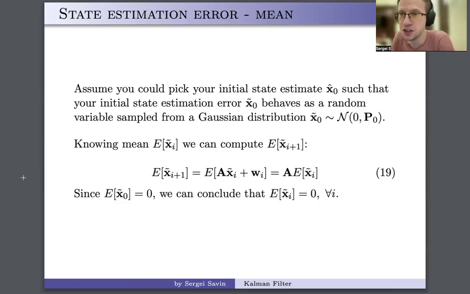It just stays zero mean to all eternity. The reason we were able to do it is because we made two assumptions. One is this assumption. Another one is the assumption on the mean of omega i. If it wasn't for that, we wouldn't be able to do it.